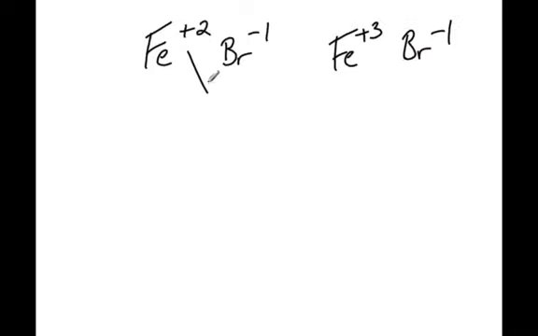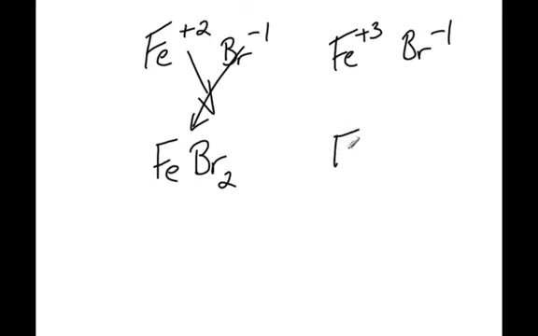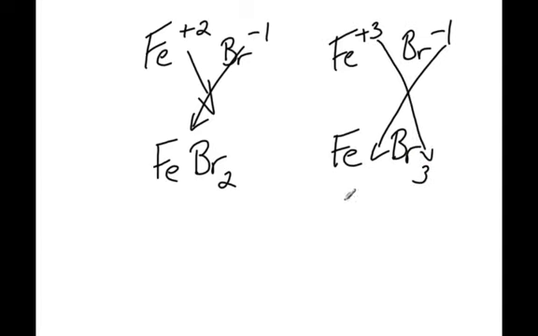So I've got my iron that's +2 and my bromine, which is -1, or I've got my iron, which is +3, and my bromine, which again is -1. I do my crossover and it gives me 1 Fe and 2 Brs, or I get 1 Fe and 3 Brs. Let me just clean that up a little.